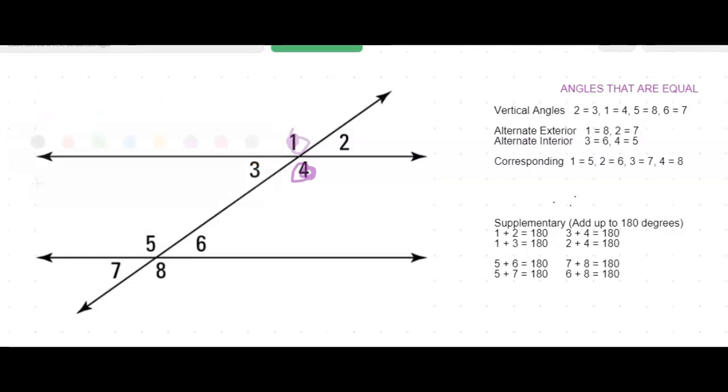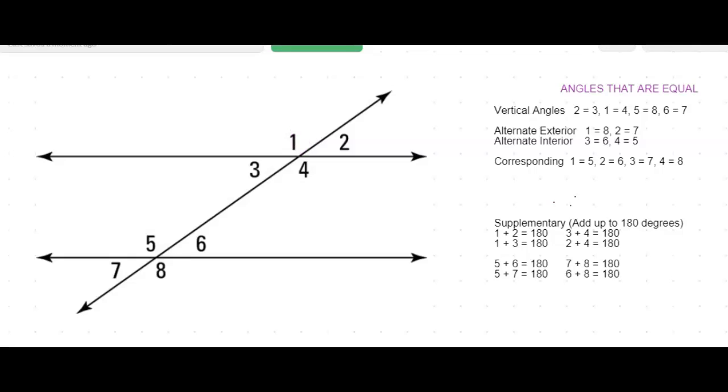And then, by the same token, I could also prove that angle 2 and angle 3 are equal to each other. So we call those vertical angles. And over here, I have a reference for you. 2 would be equal to 3. 1 is equal to 4. Of course, 5 and 8 would be equal to each other. And 6 and 7 would be equal to each other.